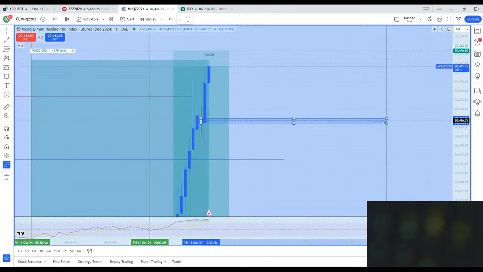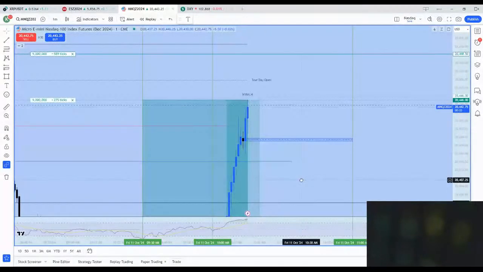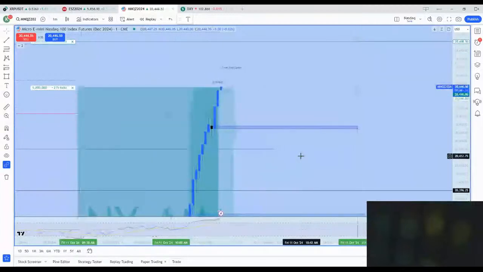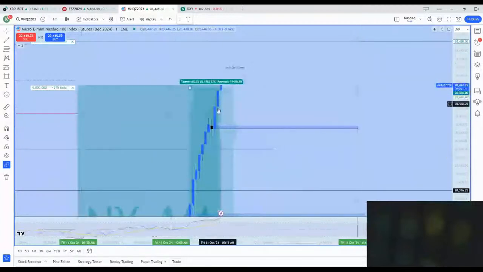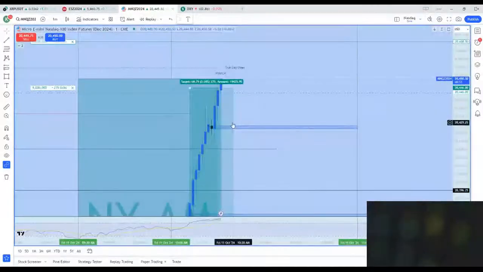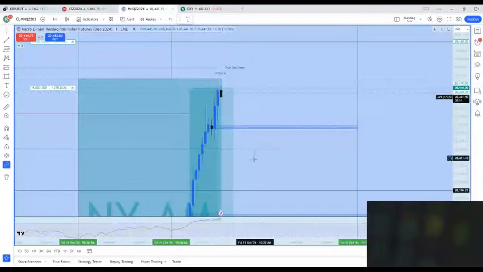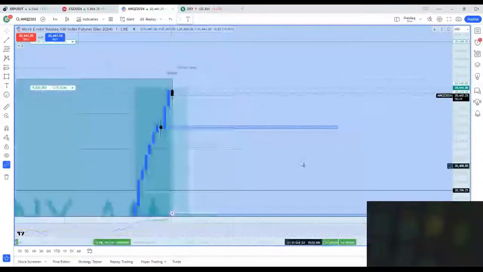My mentor considered these like bookmarks. And look, it looks like the wick came down and tapped the wick. It usually comes and taps the body, the top of this box, but it can do the wick also.